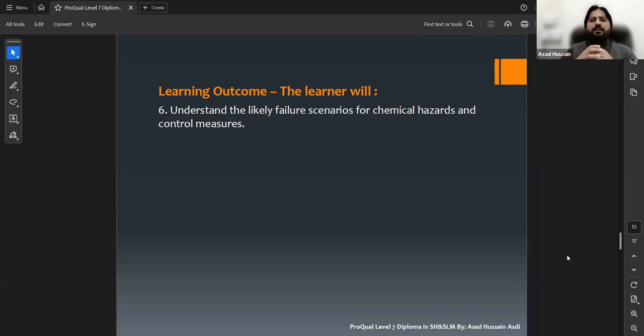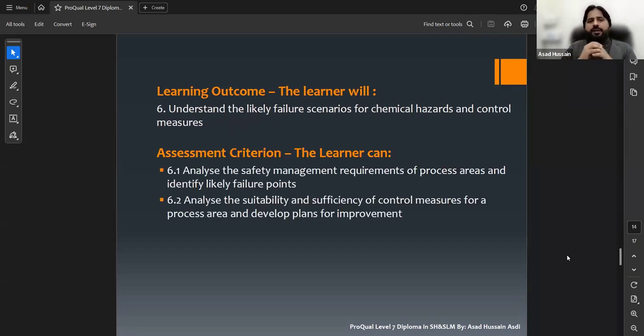So in that case, what is the failure scenario for a chemical hazard, and what control measures can we apply to avoid future failure scenarios from these chemical hazards? For learning outcome 6, understand the likely failure scenarios for chemical hazards and control measures, we have 2 assessment criteria.